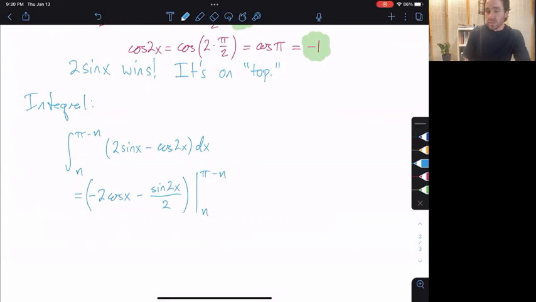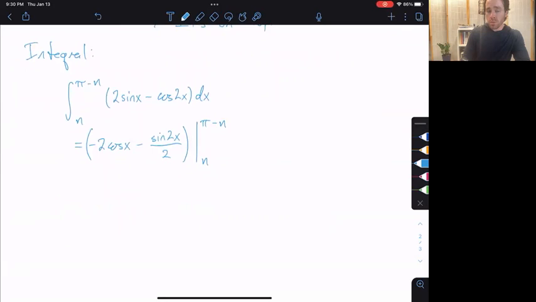I want to rewrite this one more way. Well, hang on, I'll tell you how we're going to do it. We're going to use the fact that sine of 2x, that's right here, is equal to 2 sine x cosine x.